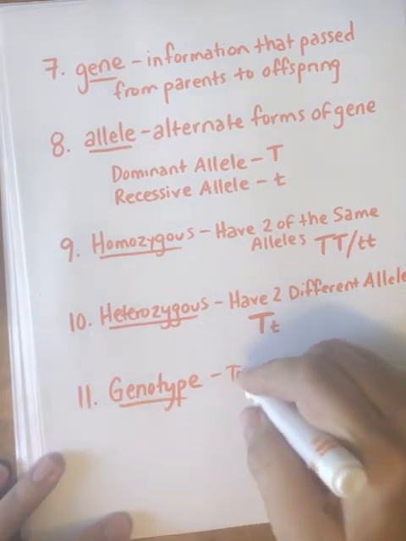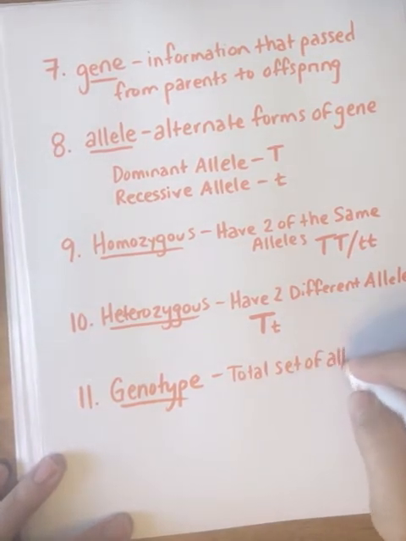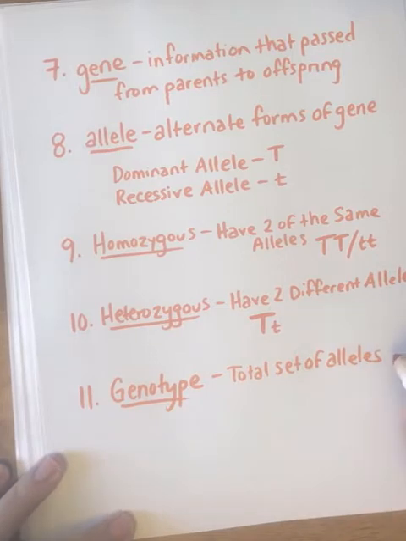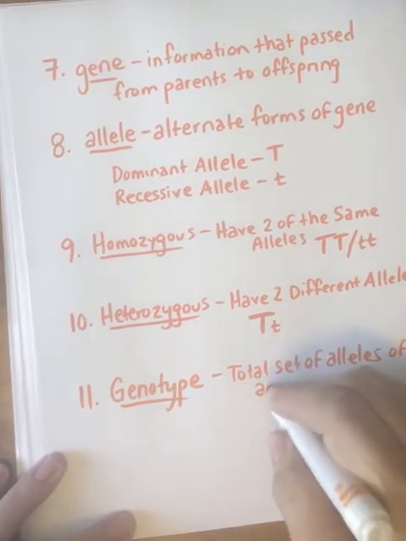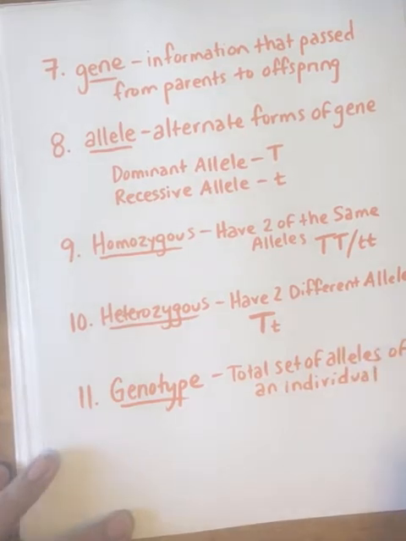This is your total set of alleles from your parents. So you can have any different type of genotype.